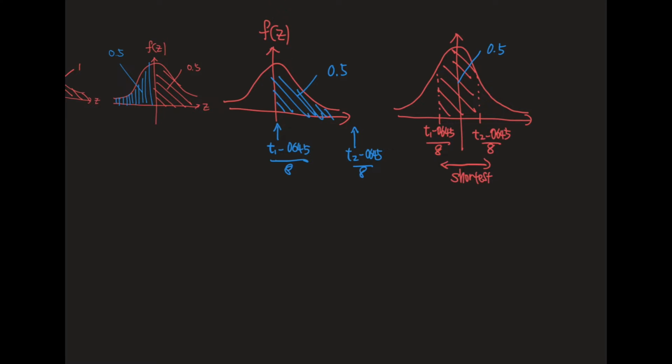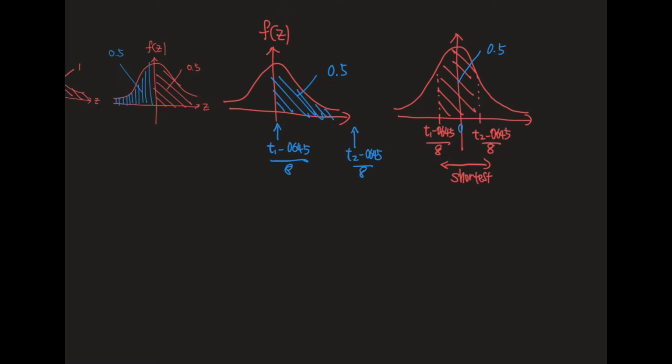Okay, so if that is the case, we should expect that in the middle is 0. In the middle is 0, the z-score is 0. So we should expect these two values to be the same value but opposite sign, for example 0.1 and negative 0.1.